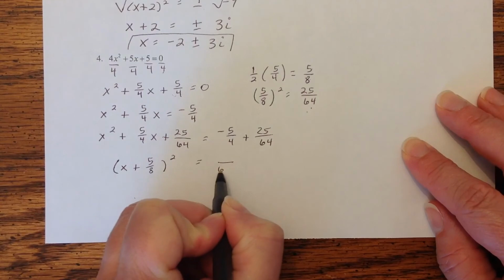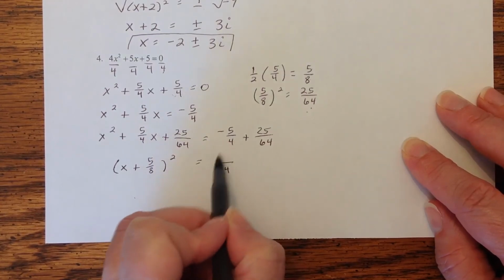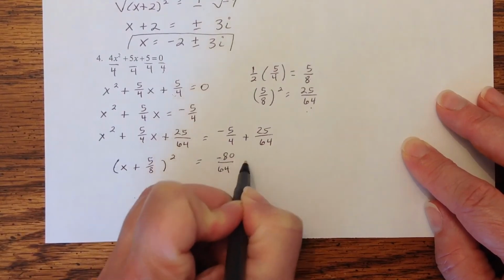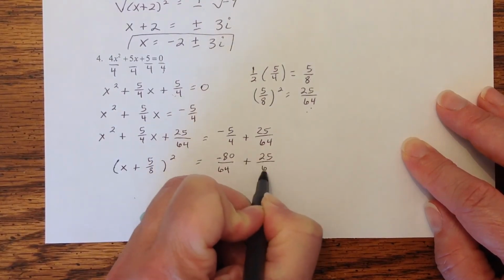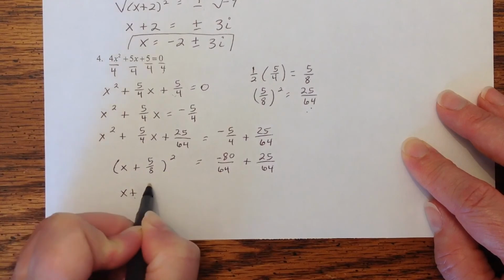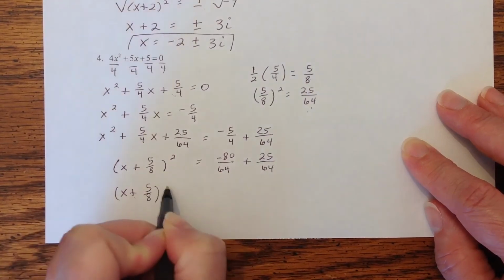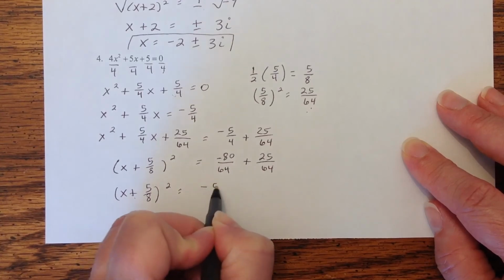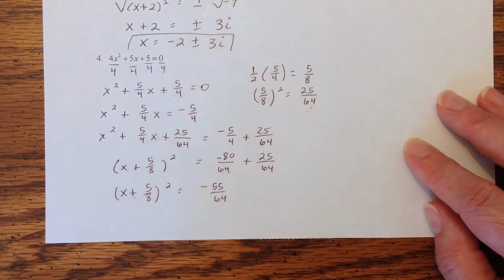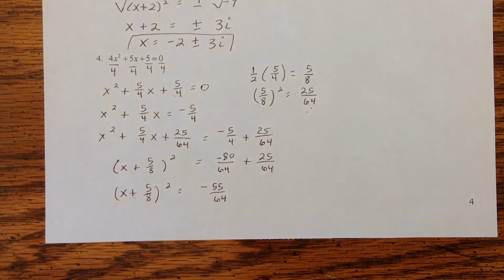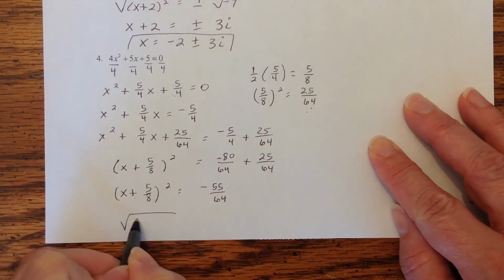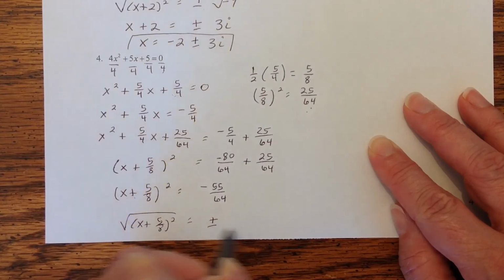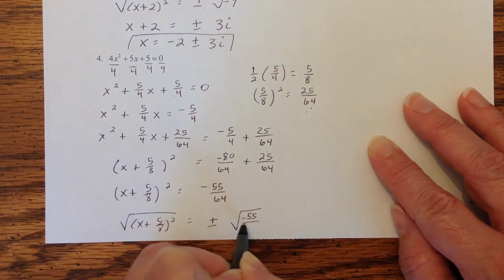So if this is going to become 64, that's by way of 16. 16 times negative 5 is negative 80. So now I have x plus 5/8 squared equals negative 55/64. Now I can take the square root of both sides, remembering my plus or minus.